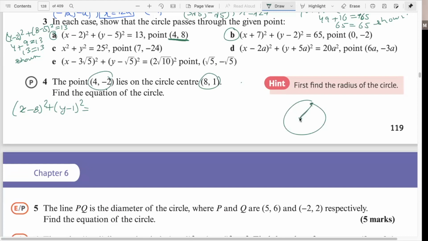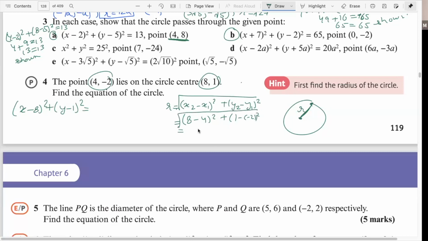So the distance between the center and the point on the circle is the radius. So we can find the radius separately, which is the square root of (x2 minus x1) whole squared plus (y2 minus y1) whole squared. So the square root of (8 minus 4) squared plus (1 minus minus 2) squared.